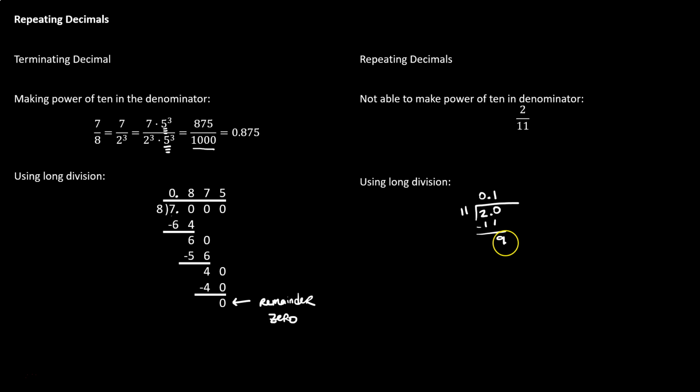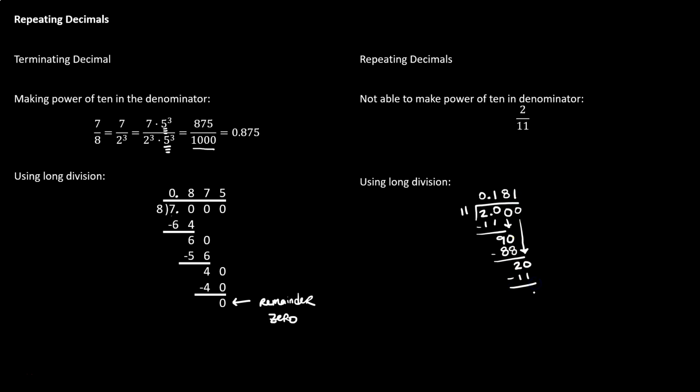Now, the remainder is not 0, so we would keep going by extending 2 with another decimal place, bringing down a 0 so that we can look at how many times 11 goes into 90. In fact, it'll go in 8 times because 8 times 11 is 88, which means we would have 2 left over. Now, this is, again, not a 0 remainder, so we would need to keep going. So we can add a 0, bring it down. 11 goes into 20 once.